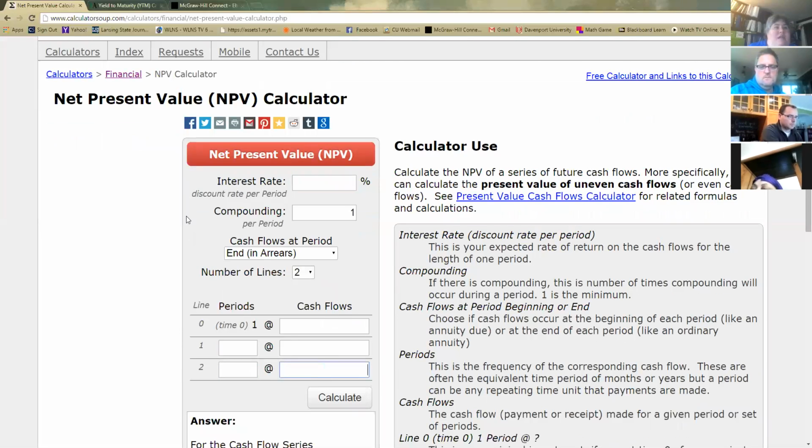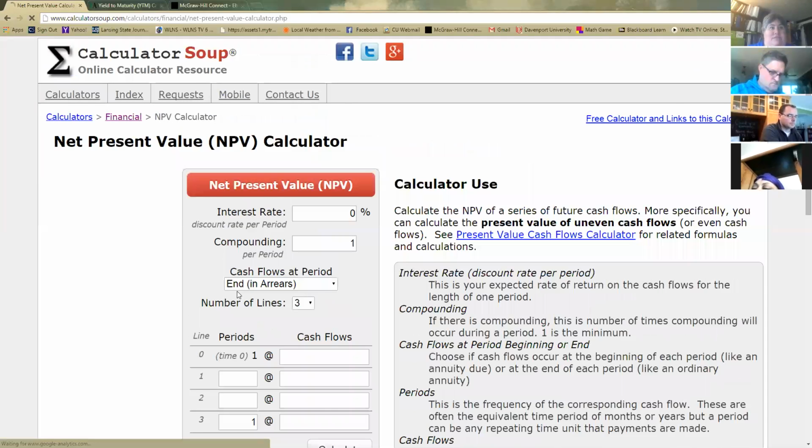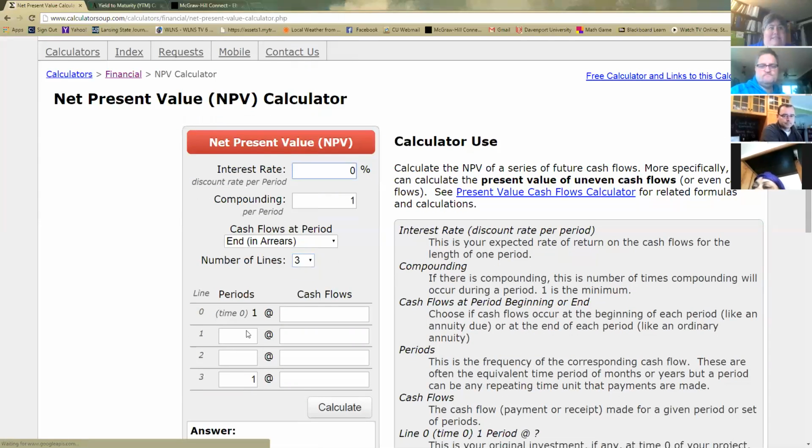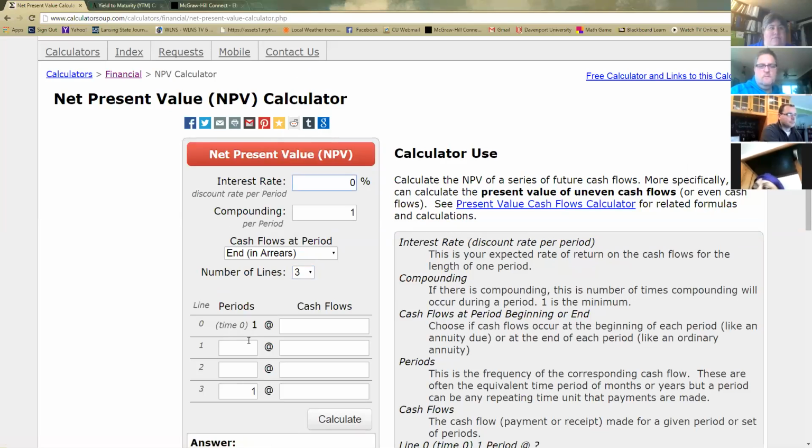Okay. For investment A, we are going to have 3 times the money's going to be paid back, and they're not the same amount every time. So I told the calculator to give me 3 lines of information. I need to know how often it's going to be compounded. We're just going to do it annually. It didn't do it monthly or anything like that. So once a year.